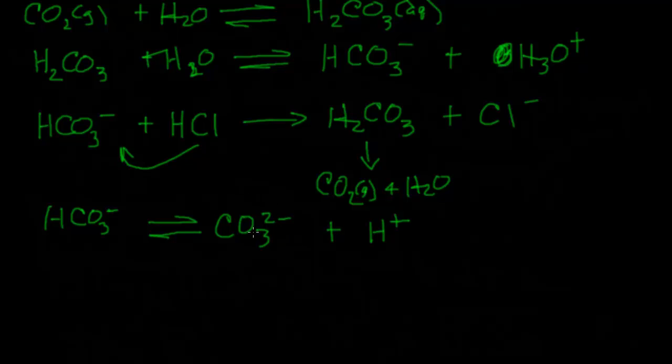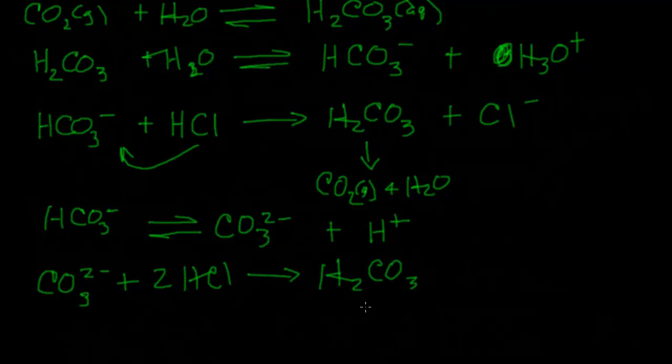So we've made carbonate now. Carbonate is also a good base, but it's what we would call a diprotic base. So it would need to react with 2 moles of HCl to make H2CO3, which would then decompose into carbon dioxide gas and water, and 2 moles of chloride ions.